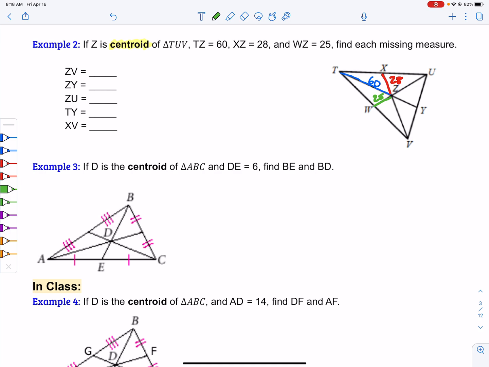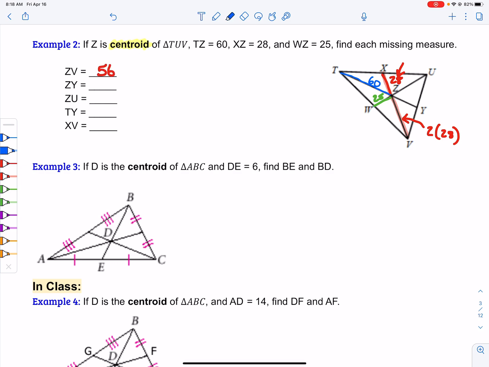And they asked us to find each missing measure. So ZV is on the red one, so let's label that one. ZV is part of the median XV or VX, and it is the longer piece of that median. So the short piece was 28. The longer piece would have to be 2 times 28. So we would get 56.